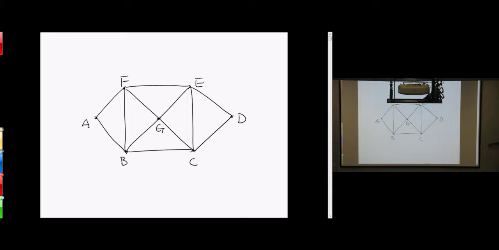So we can trace the graph without lifting our pen and without retracing any edge. Let's find an Euler circuit in this graph, and the process of finding that circuit is actually the proof.